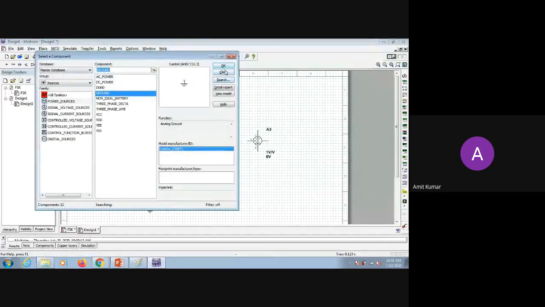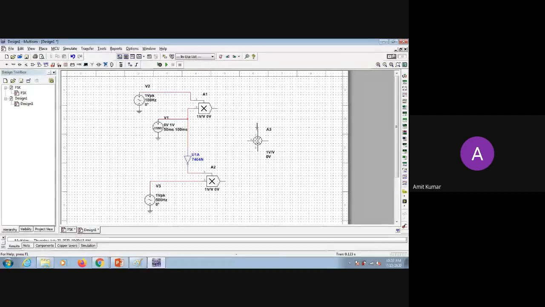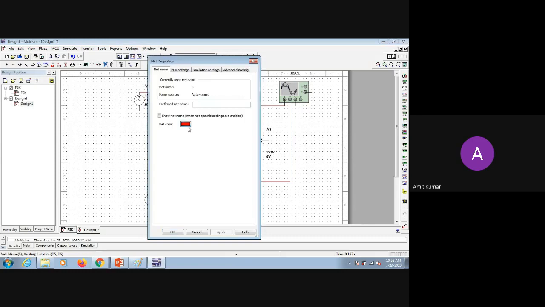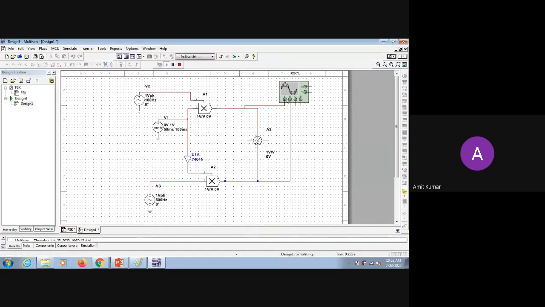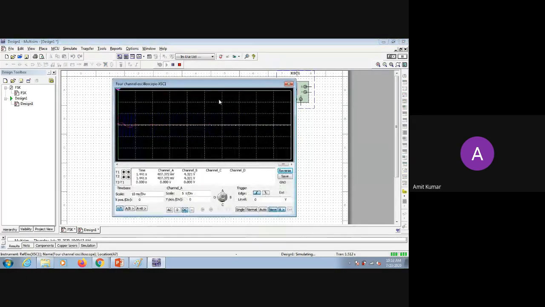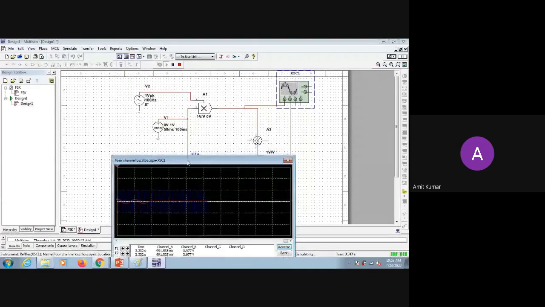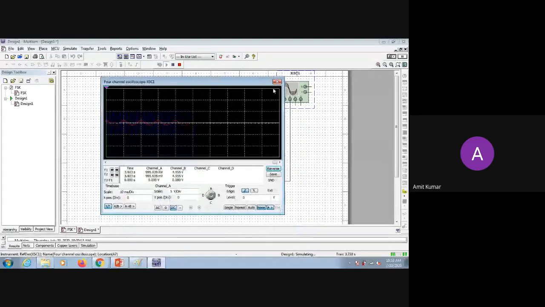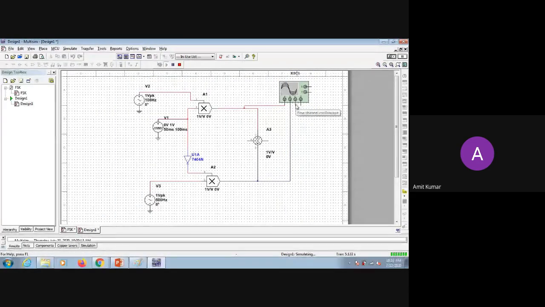First we will monitor. These two signals will be added here, and your output will be available here. First we will see in the 4-channel oscilloscope the first two signals which are available here, the first here and the second signal here, to check whether we are getting two ASK signals or not.